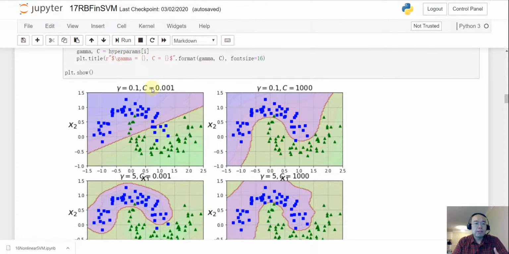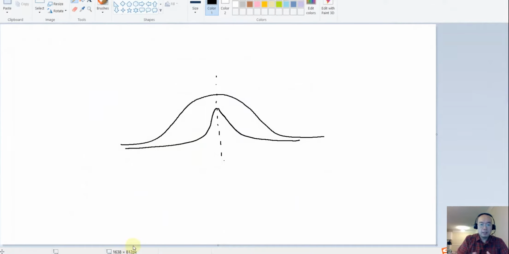So for a very low gamma and a very low C, both of them may contribute to an underfit. Why? Especially for the gamma. This one is the low gamma.